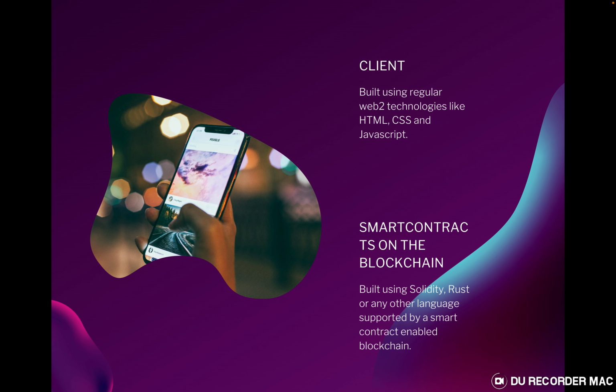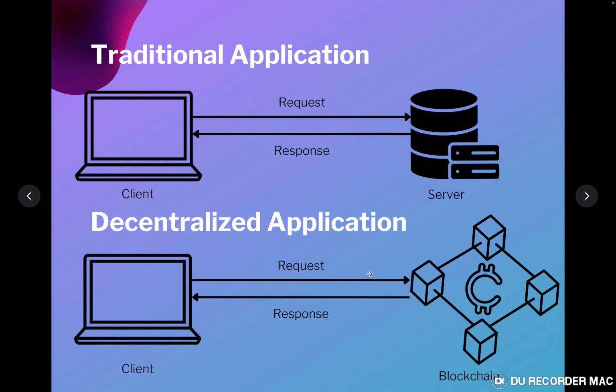Now, if you come back here, what the client actually uses in communicating with this blockchain entity is called a smart contract, right? Smart contracts are like programs that run on this blockchain.